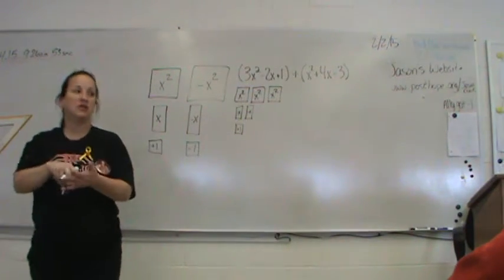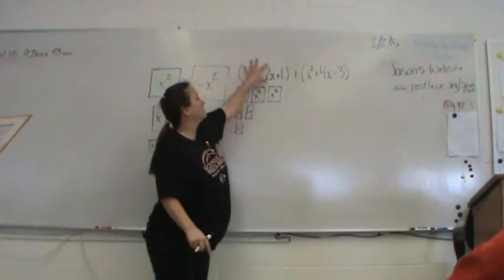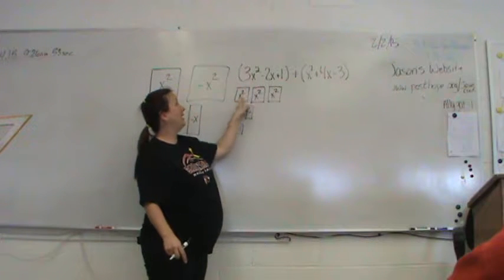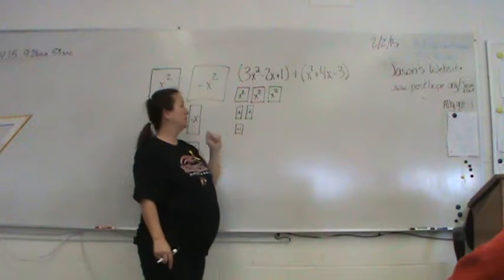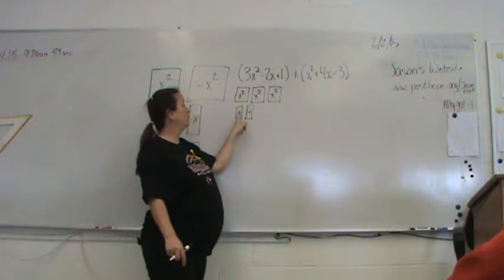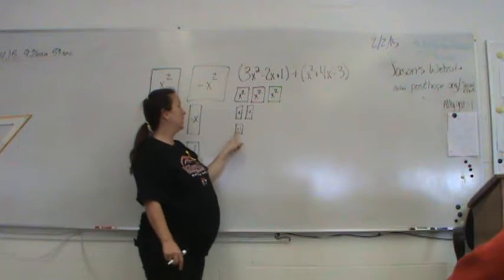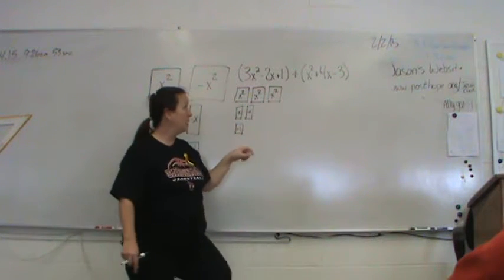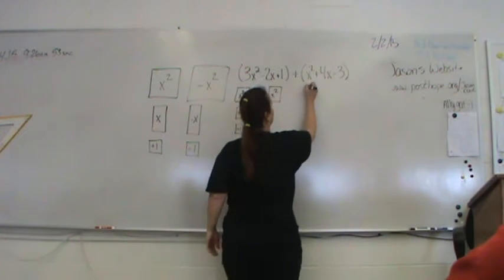Okay, I've now drawn tiles to represent this polynomial. I have 3 positive x squareds, 2 negative x squareds, and a 1. Now I'm going to draw these tiles.